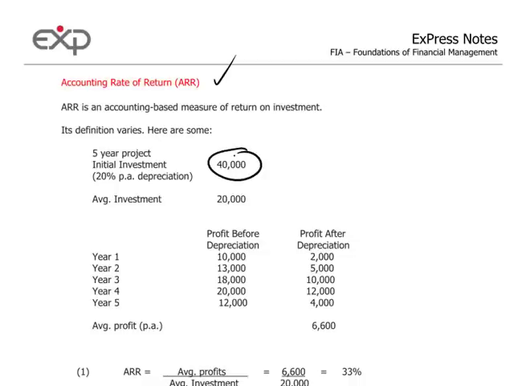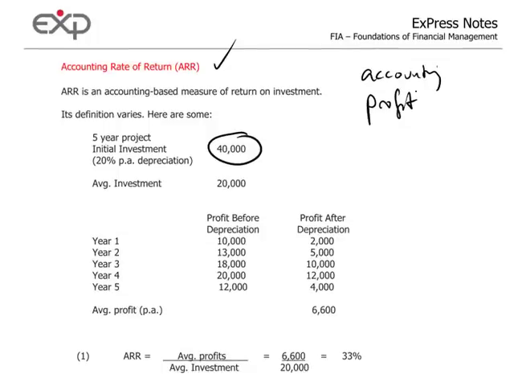The accounting rate of return is an accounting profit-based measure, and what it does is it calculates the profits after depreciation for a project. You can see here, if we have profits before depreciation of these numbers, we need to subtract each year 20% depreciation.